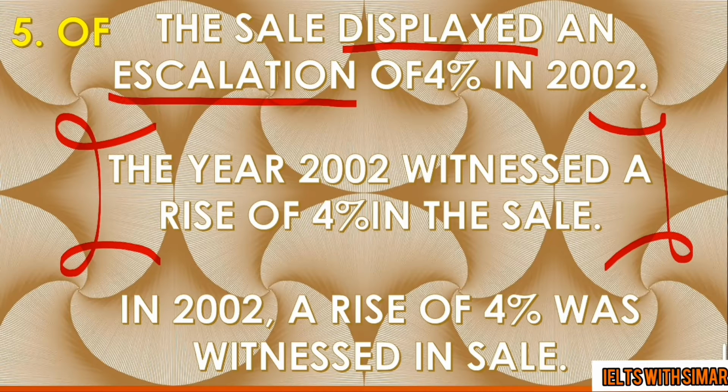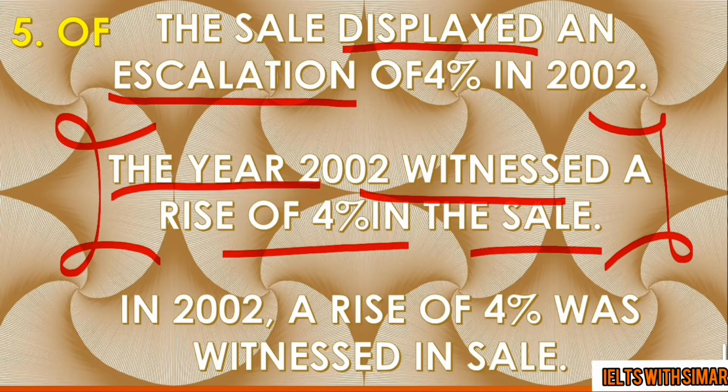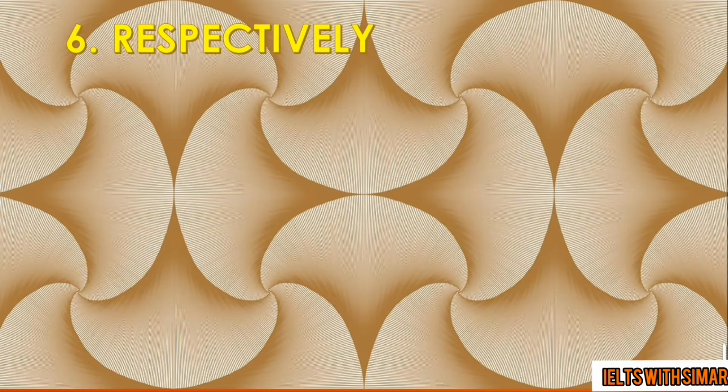The year witnessed the rise of 4% in sale. It's important. You have to use it if you want to score. The third one is 'In year,' comma. Here the comma is a must. In 2002, a rise of 4% was witnessed in the sale.